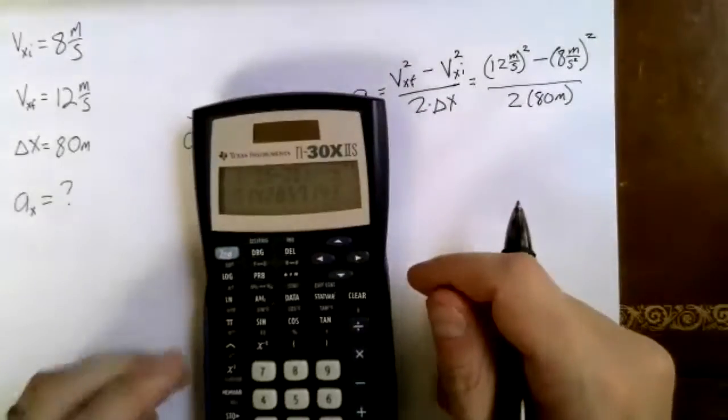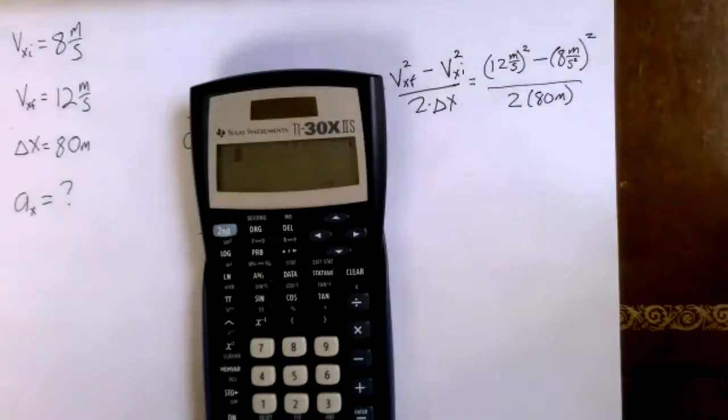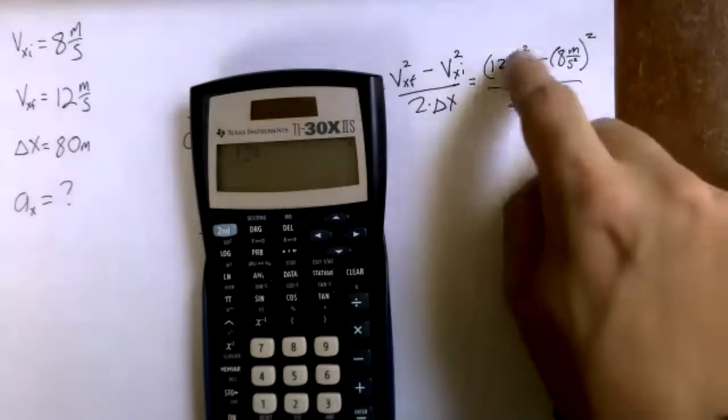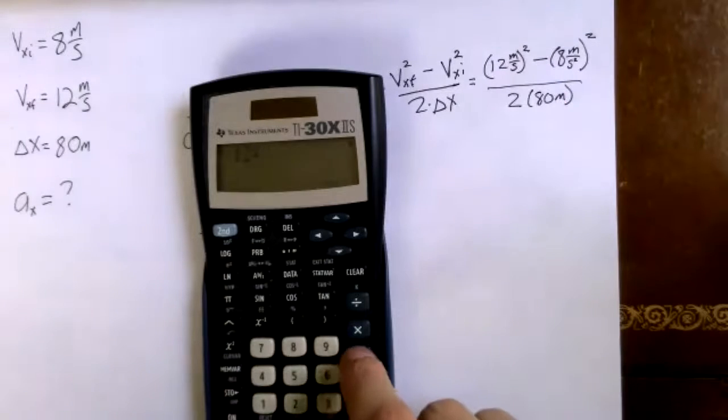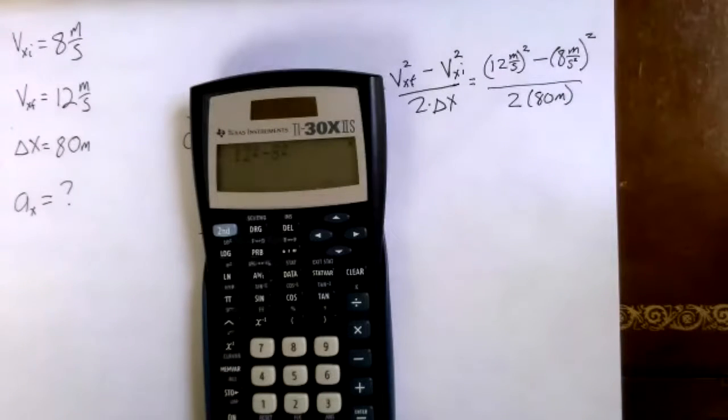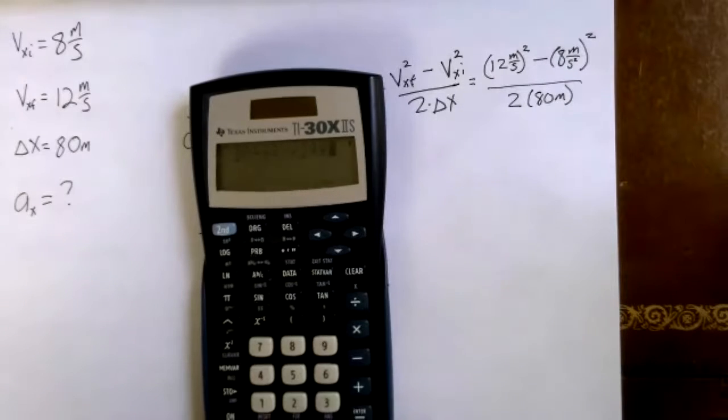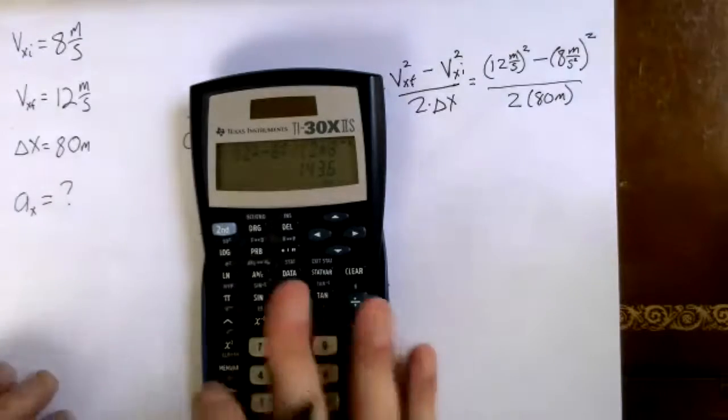So 12 squared minus 8 squared divided by, and I'll put in parentheses, 2 times 80. 143.6.